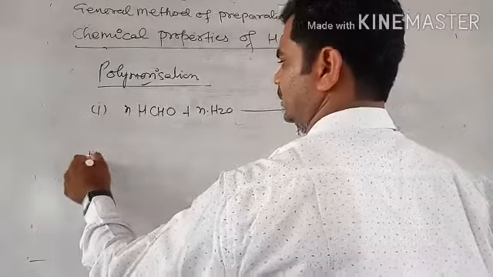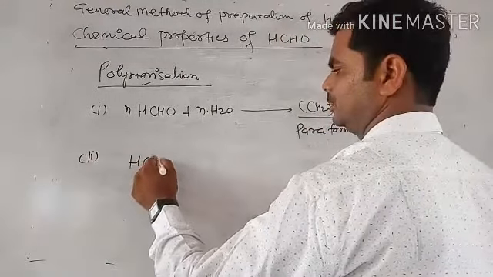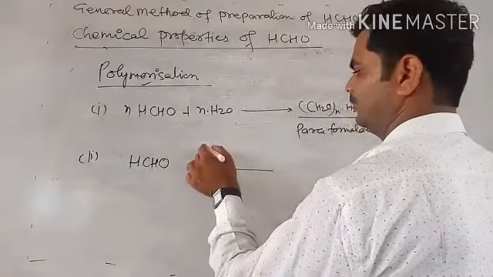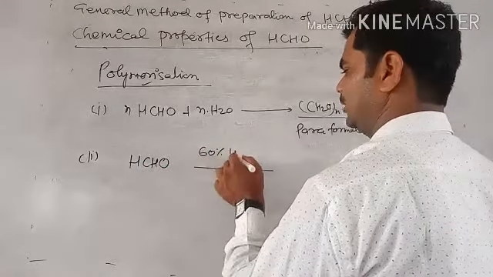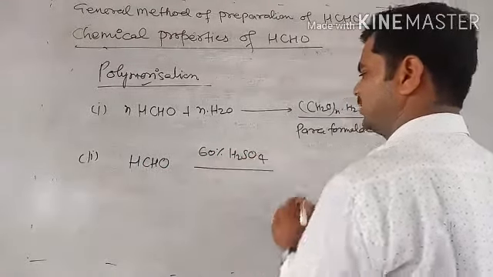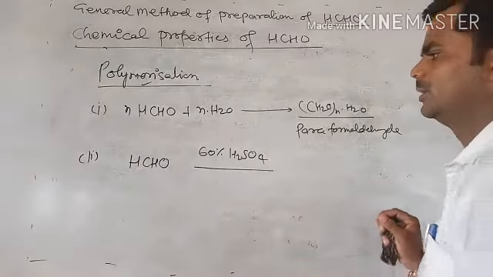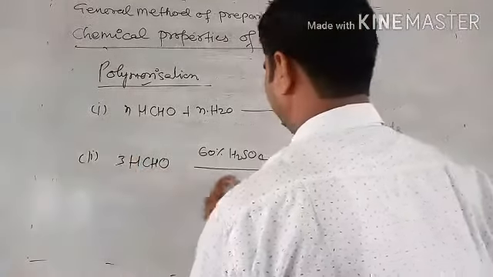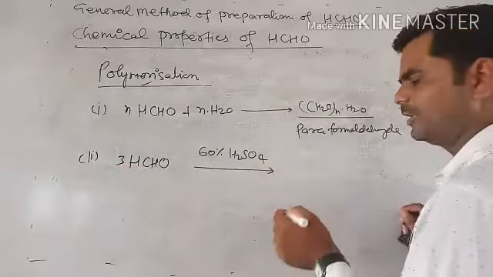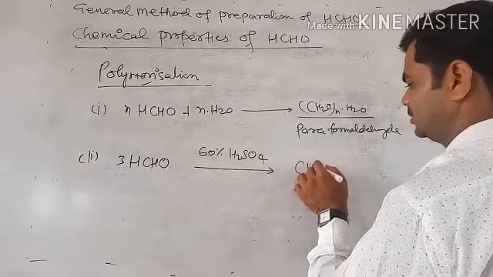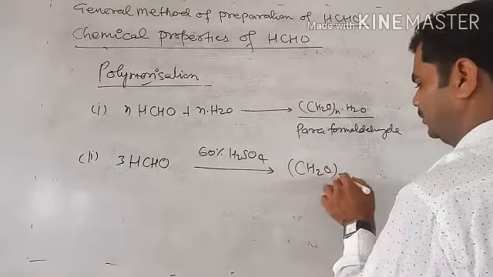Now second, this formaldehyde in presence of 60% H2SO4, the 3 molecules of formaldehyde combine to form metaformaldehyde. We write this as (CH2O) thrice.